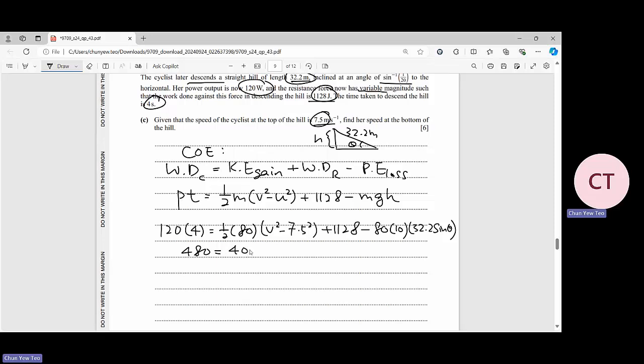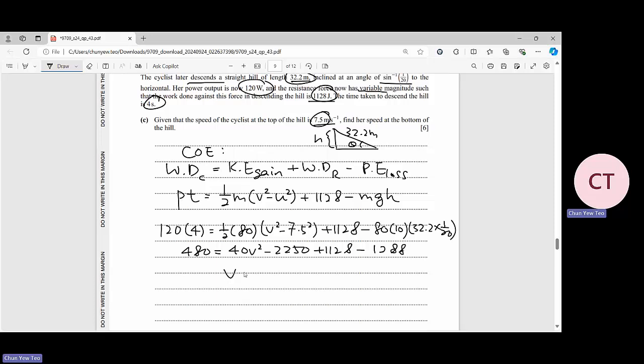This one is 40 V square minus the 2250 plus the 1128 minus the sine theta, which is actually 1/20. Just put 1/20 here. Okay, so just press the calculator, you get 1288.